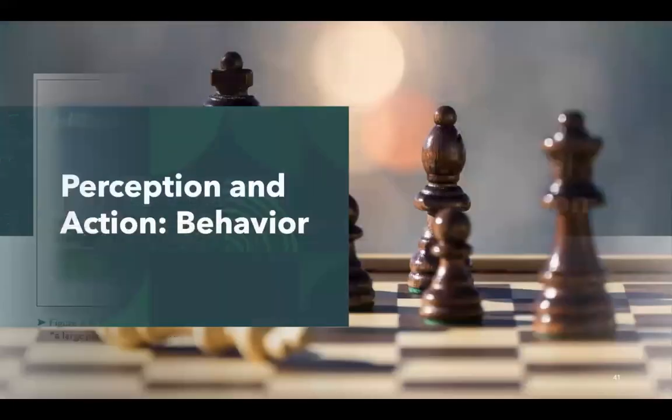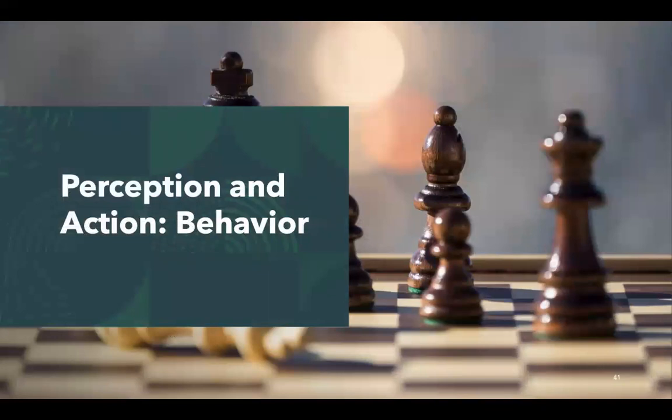All right, moving forward, our discussion will change to the perception and action that create behavior. We will now consider how movement helps us to perceive and how action and perception interact with each other.